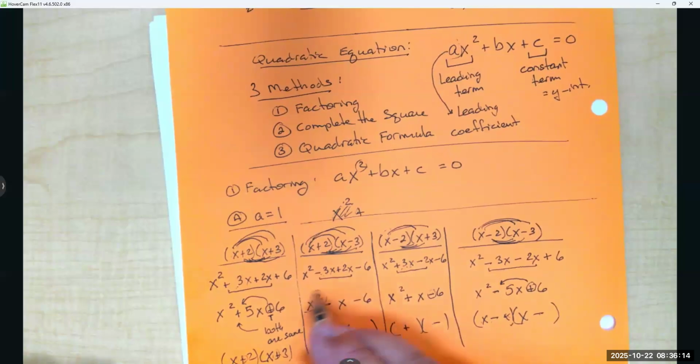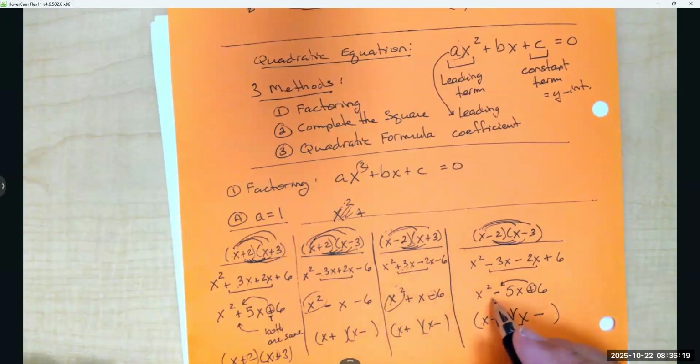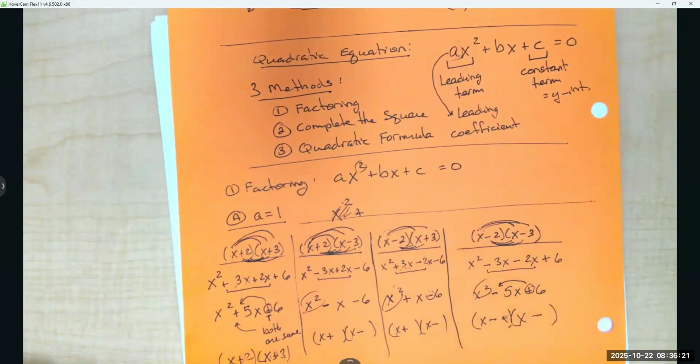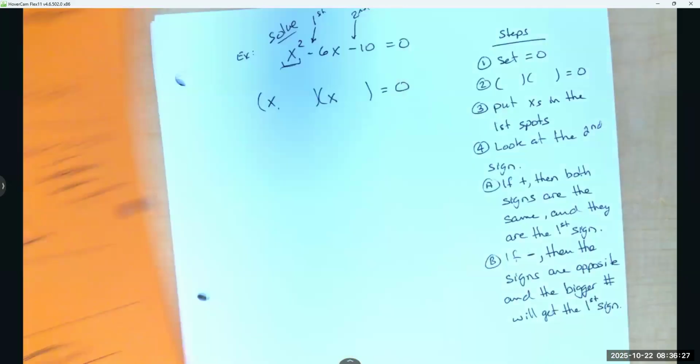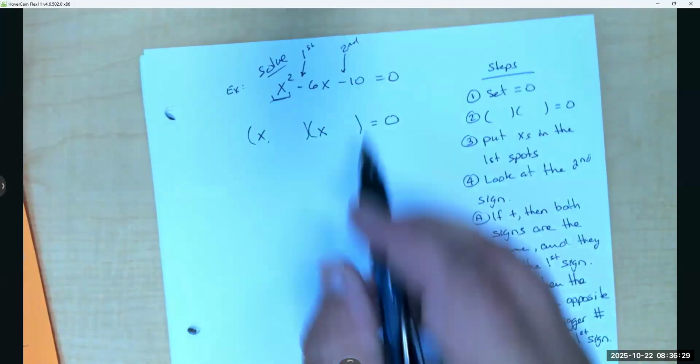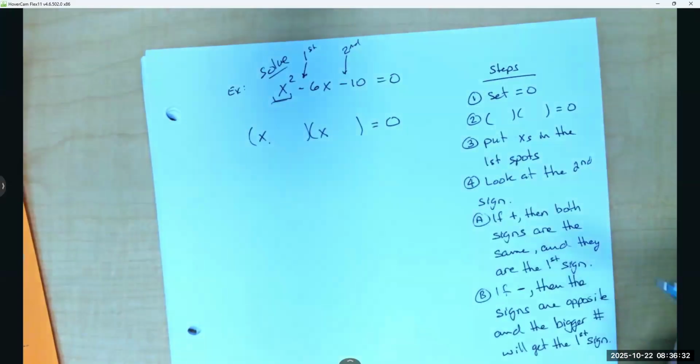Remember, since this is x squared, x goes in first. X next. So far, so good. Everything's good there. So in this case, what are the signs going to be?